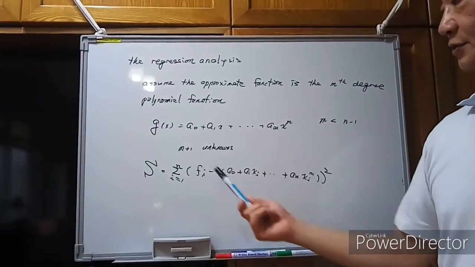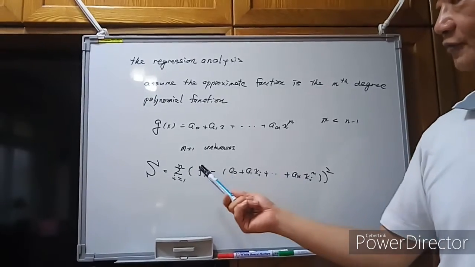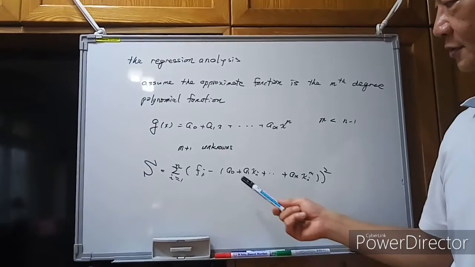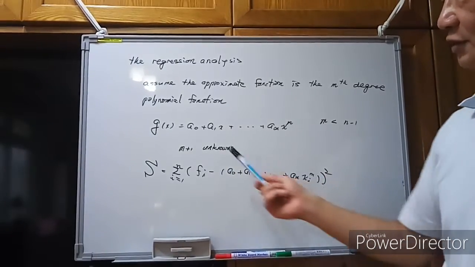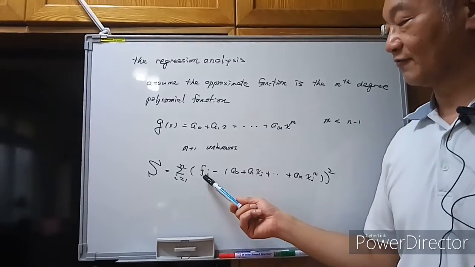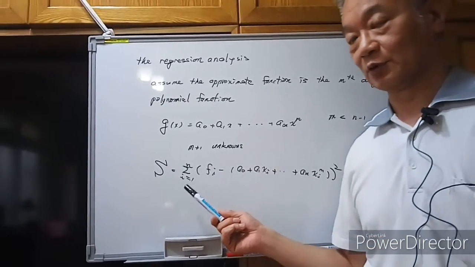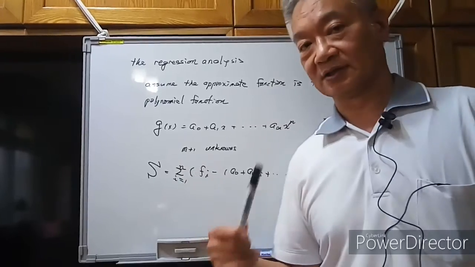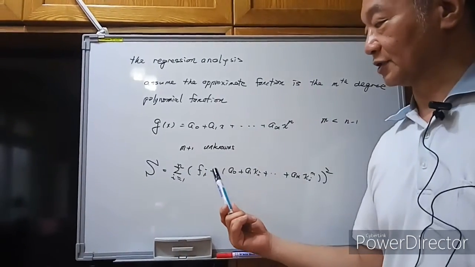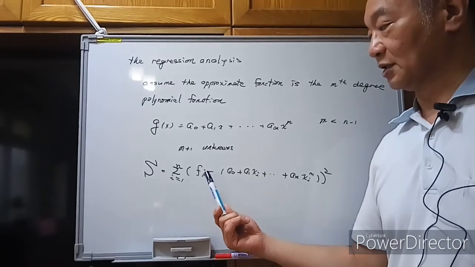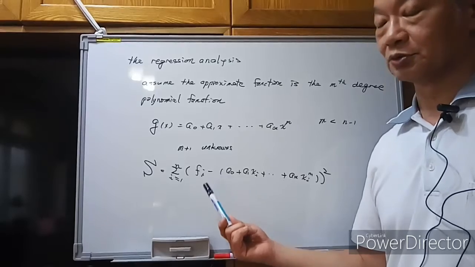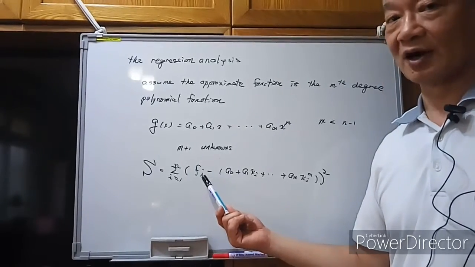Okay, so that's the definitions of the error. So in the outside parentheses, which is the calculations of the ei, okay, the fi is the function value at the data points, and the fi, they are the input data. Whenever the user likes to do a regression analysis, he needs to input all the xi and the fi.